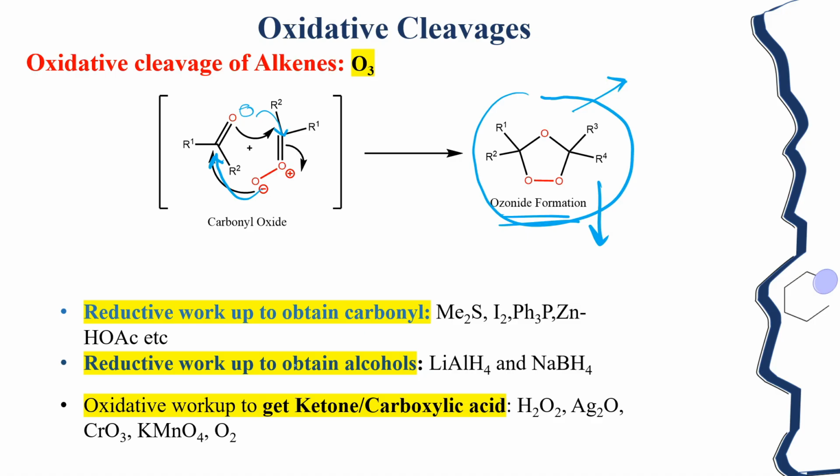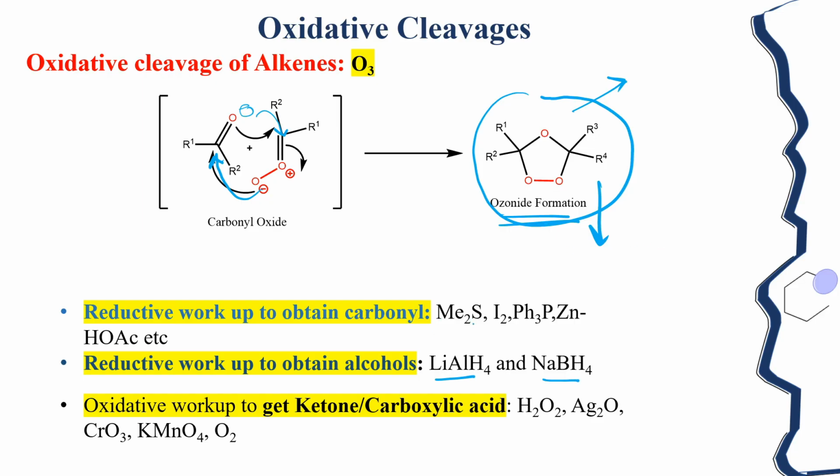However, if you want to go directly to the alcohol stage, then you have to do a reductive workup by using lithium aluminum hydride or sodium borohydride. That means a hydride donor is required to convert the ozonide to the corresponding alcohol.